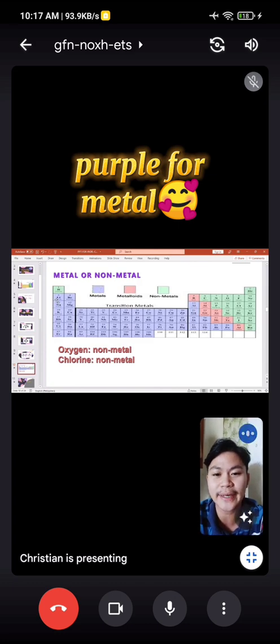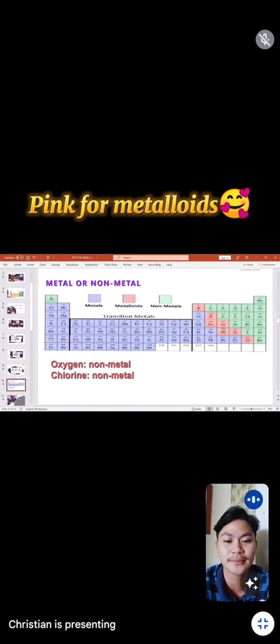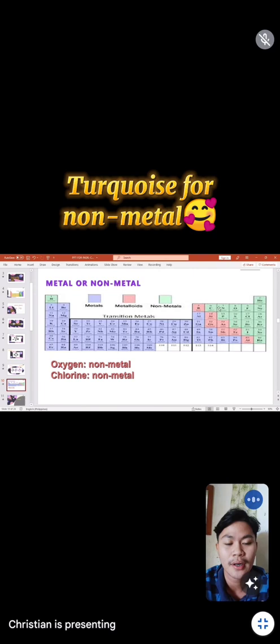So this purple part of the periodic table represents the metal. Next is metalloids. There are few metalloids, which represent the pink part of the periodic table. Next is the non-metal. The turquoise part of the periodic table represents the non-metal.